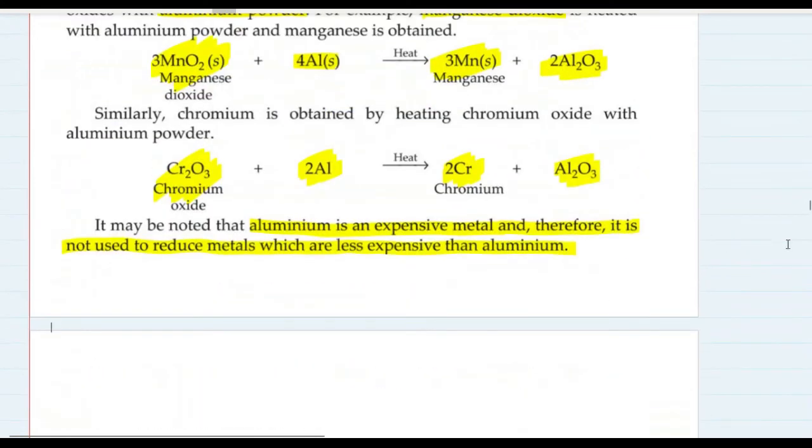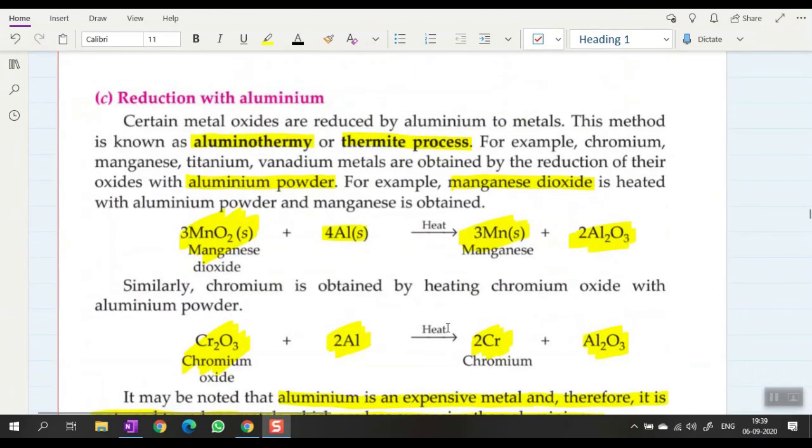Okay, before we go ahead, I want to show you something as I promised. Wait. Okay, so I was talking about aluminothermy or thermite process. Now this thermite process is generally an exothermic process. In this process, when aluminum is used to extract oxygen from any metallic oxide, this process gives out a lot of heat, and generally it is used for welding the pieces of iron together by heating them.